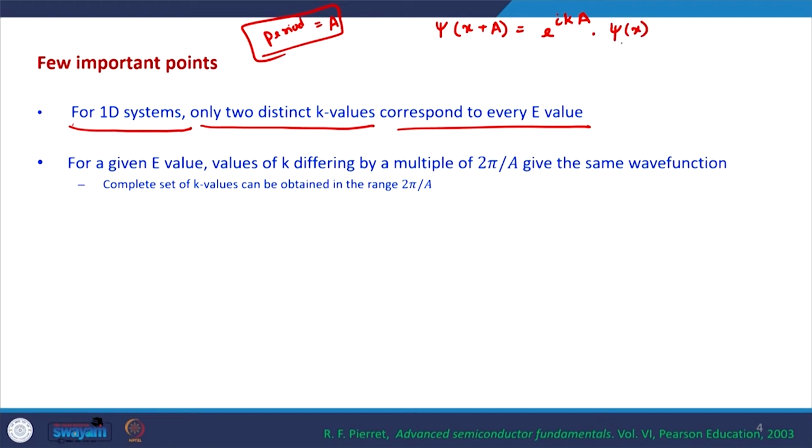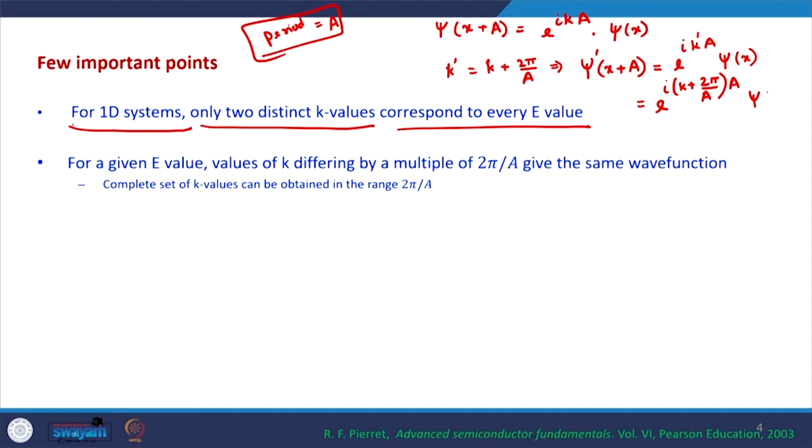So, this is the standard statement of Bloch's theorem, and so instead of k, if we take k prime to be k plus 2 pi by A, and we put this value of k prime in this equation, and let us say the wave function now is psi prime, psi prime of x plus A is exponential i k prime A times psi of x, and if we put k prime to be k plus 2 pi by capital A, this will essentially be exponential i k A times psi of x into exponential i 2 pi, which is essentially 1.